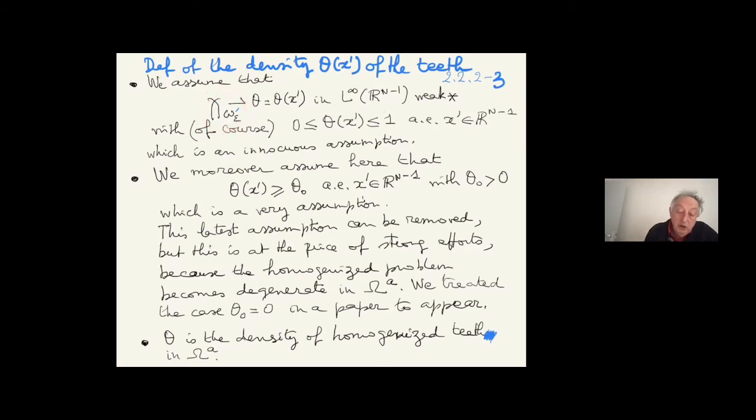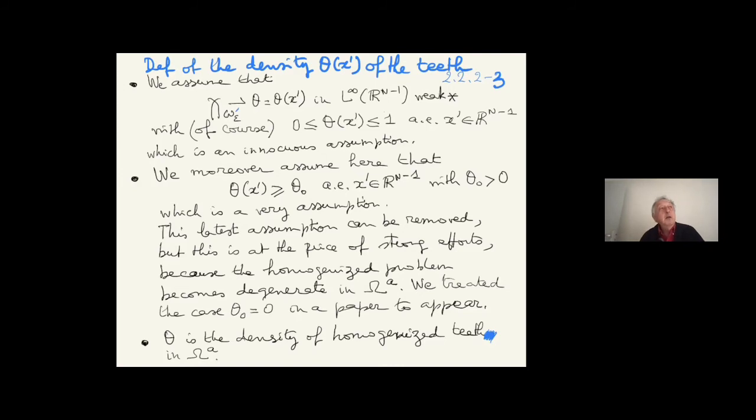I will denote the characteristic function by chi_(omega^epsilon), and not as Olivier did, by 1_(omega prime^epsilon). So this is the notation of Olivier, this is my notation, but they are the same thing. So, the characteristic function of the union of the cross-sections of the teeth.